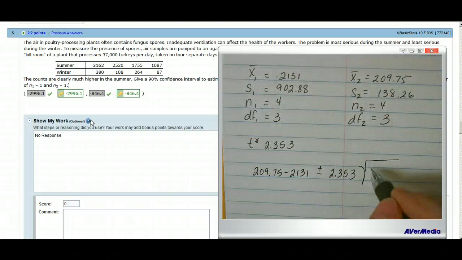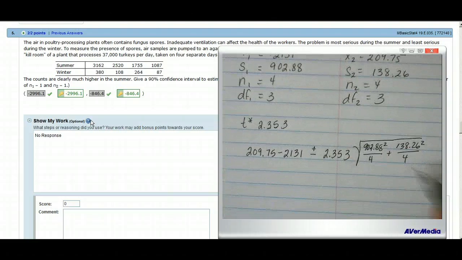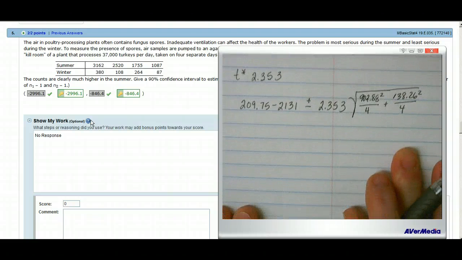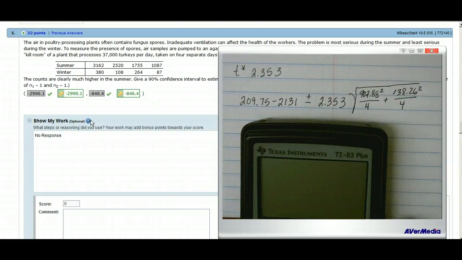So S sub 1, 902.88 squared divided by 4 plus 138.26 squared divided by 4. So when we put that in our calculator, let's see if I can get a calculator up here at the same time.